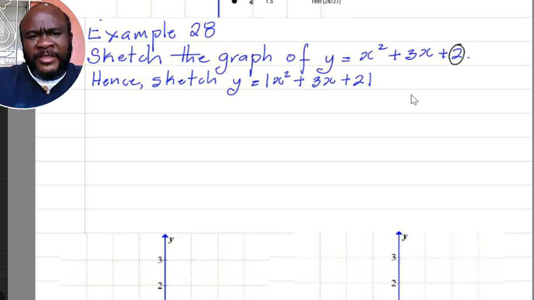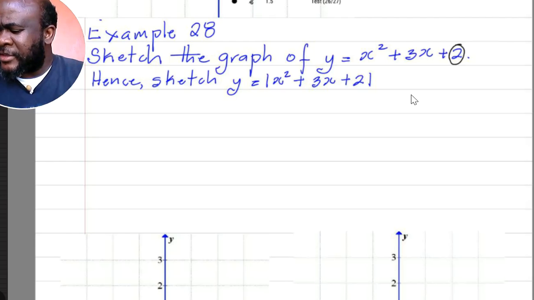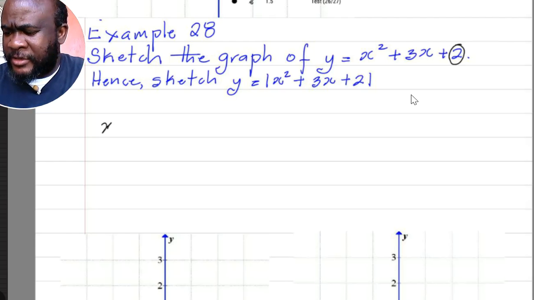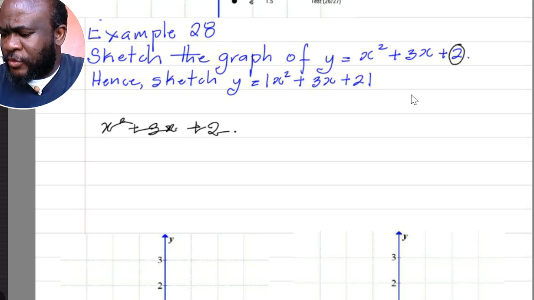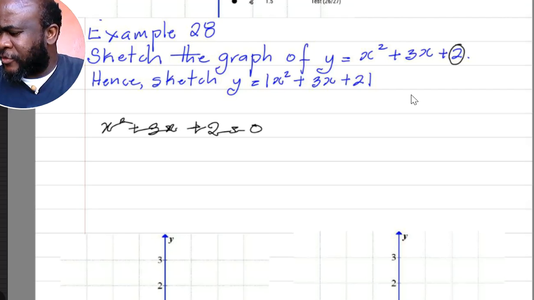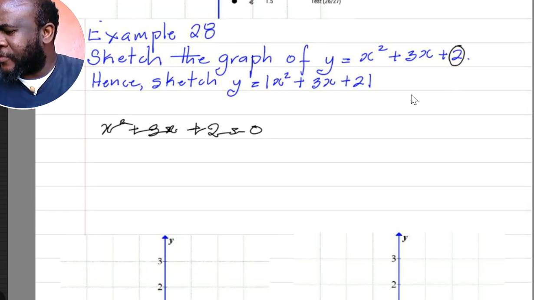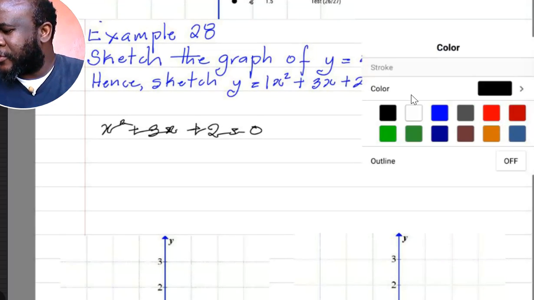Let's determine the x-intercepts. To determine the x-intercepts, I must solve the equation x squared plus 3x plus 2 is equal to 0. Let's write this properly.